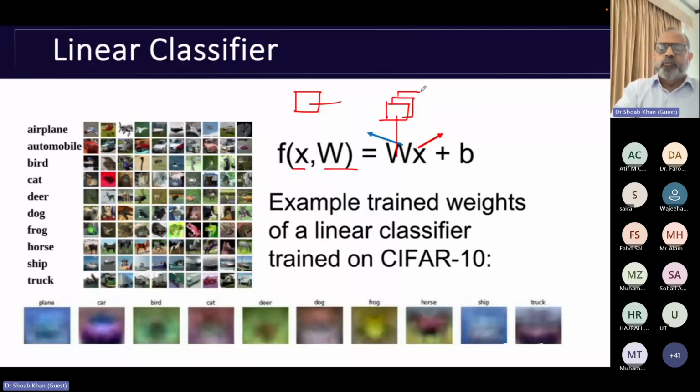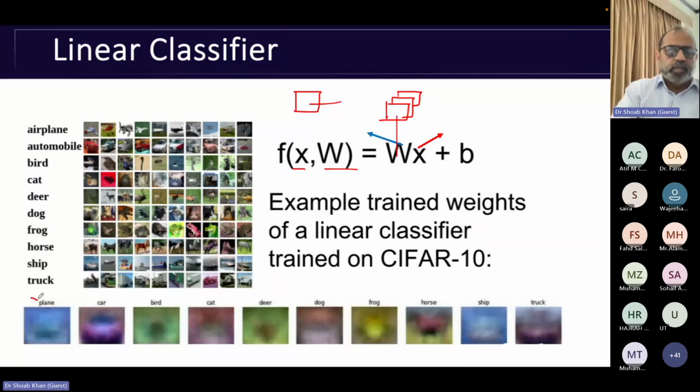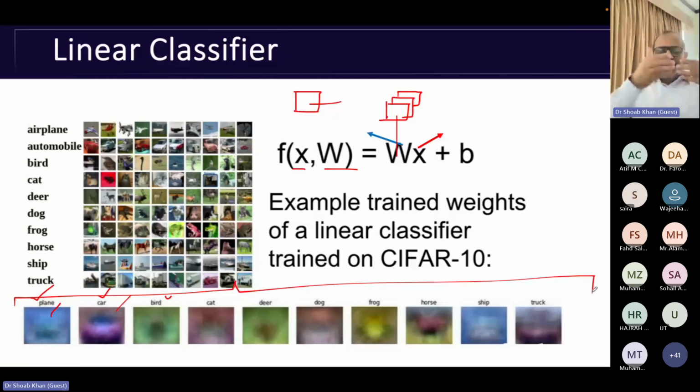you will find that for a plane you have a colored image. For a car, you have a colored image. These are the weights, by the way. So these are the 10 features.